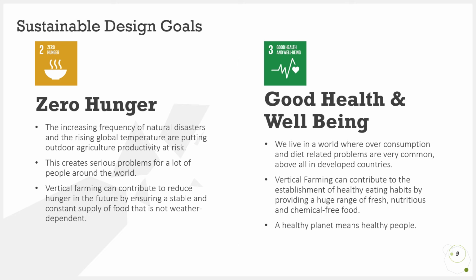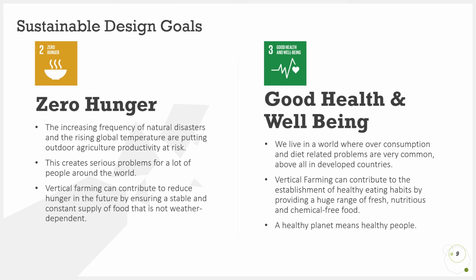And the increasing frequency of natural disasters is putting outdoor agriculture at major productivity risk, and this creates a serious problem for a lot of people around the world. So vertical farming can contribute to reducing hunger in the future, ensuring a stable and constant supply of food that is not weather dependent.